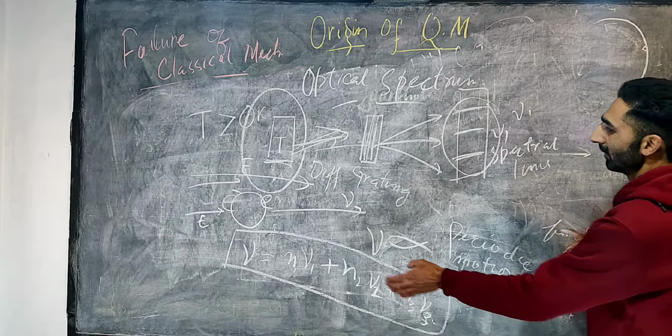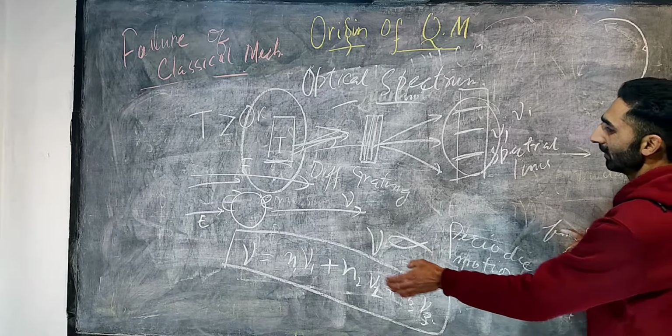The frequencies here were totally different from what could be explained on the basis of wave theory. So definitely there was a need for some theory other than classical wave mechanics.